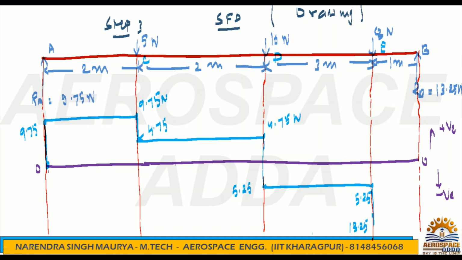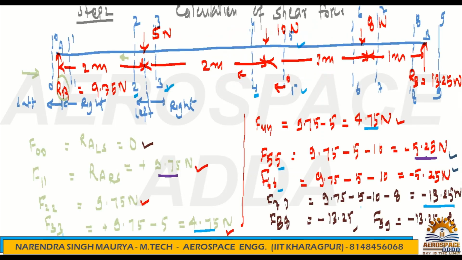I told you no need to write the minus sign here because downside means it is negative. So you will go to 13.25, which is a very downside value. And this is after 8 Newton.